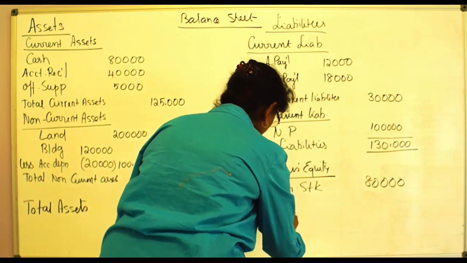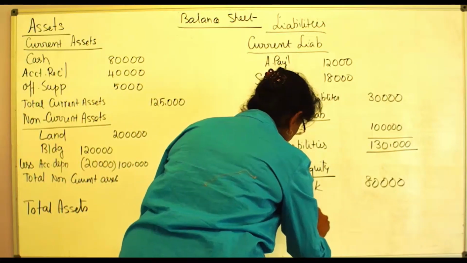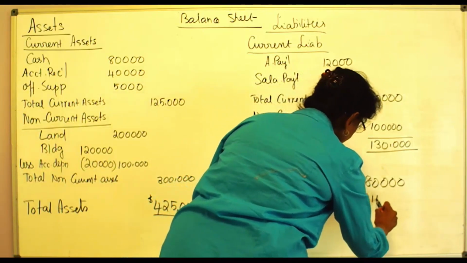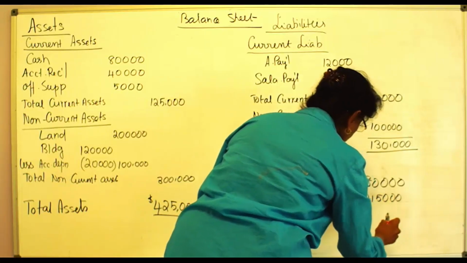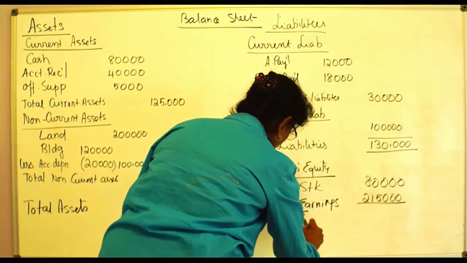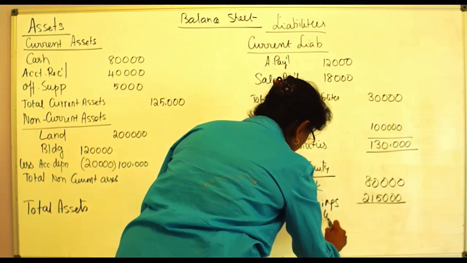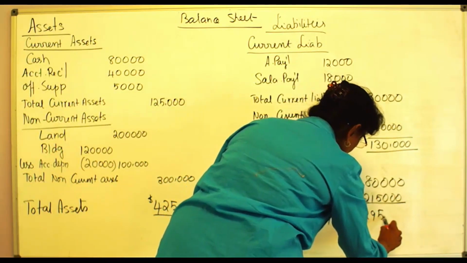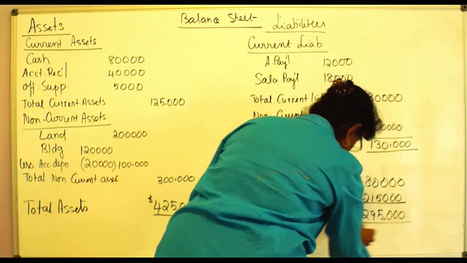And then you have your retained earnings, that was 215,000. So total equity is this plus this, that gives you 295,000.